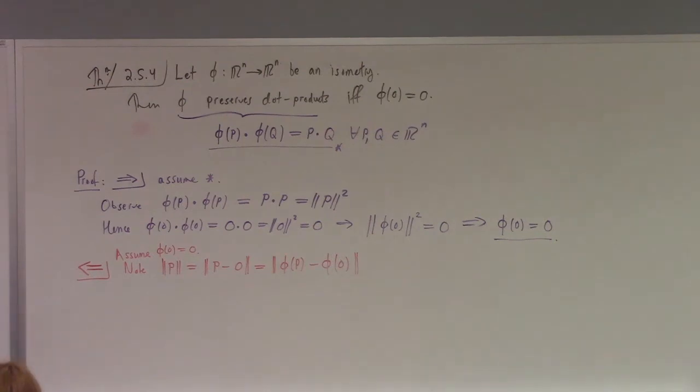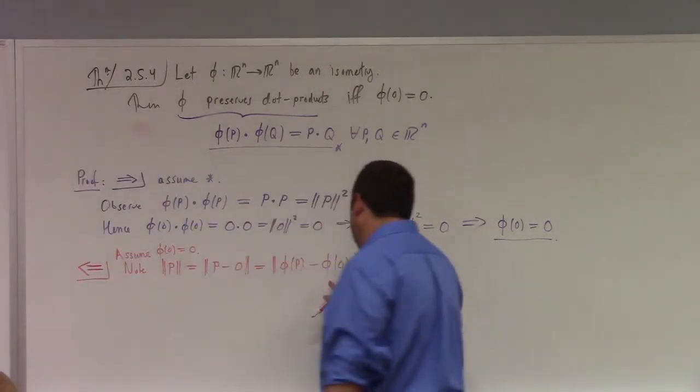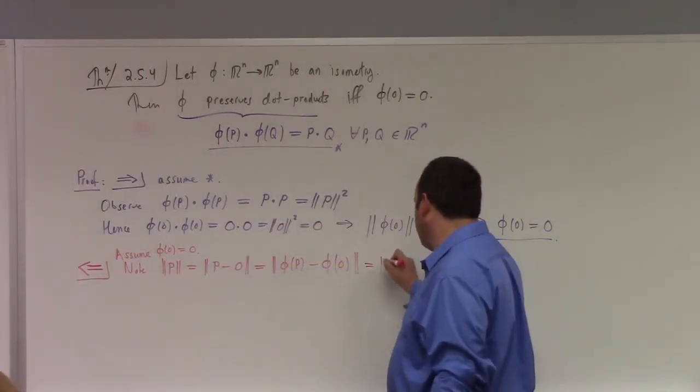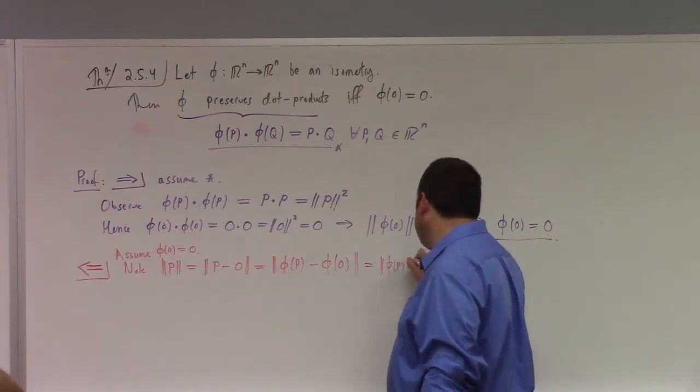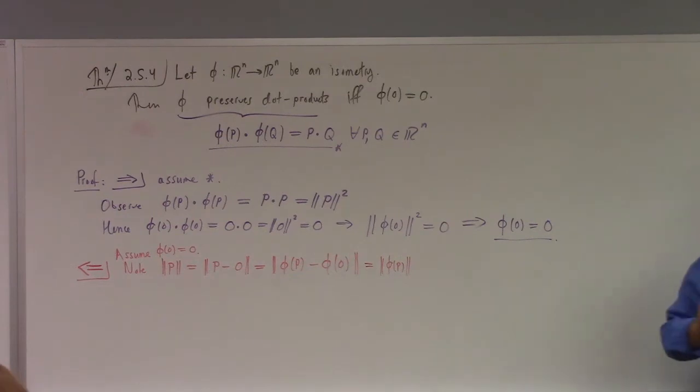Just like at the start of the forward direction of the biconditional, I said assume star, right? We must assume the starting point. Otherwise, it's a bad proof. All right, but we're assuming phi of 0 is 0, so this is just equal to the length of phi of p. So there you go. We've got the length of p is equal to the length of phi of p.